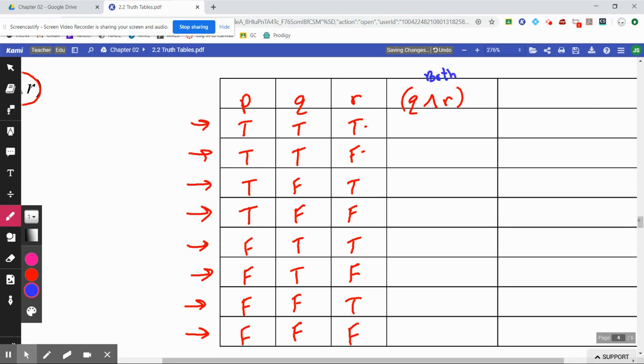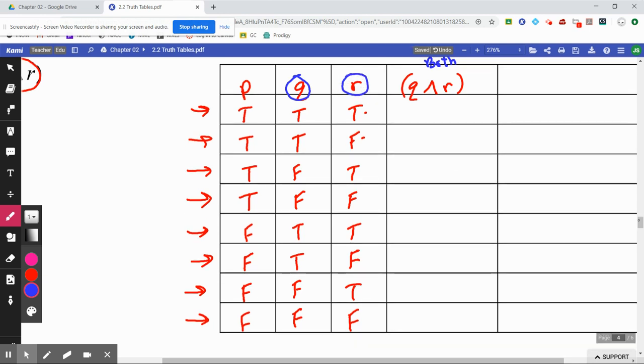So let's look at Q and at R. They're both true here, not here, not here, not here. They're both true here, but not here, not here, and not here.